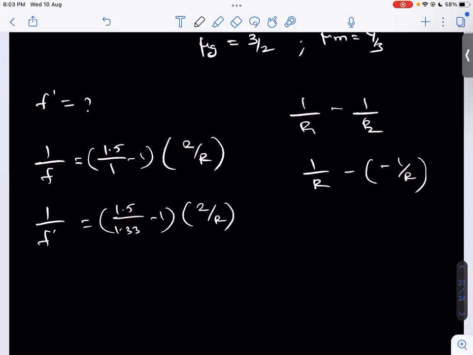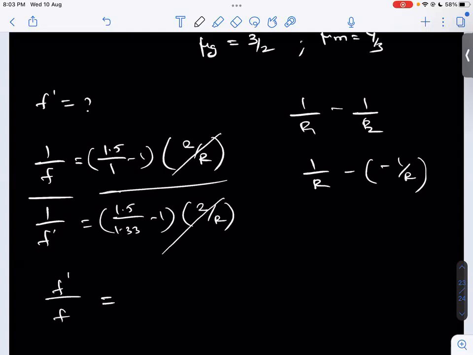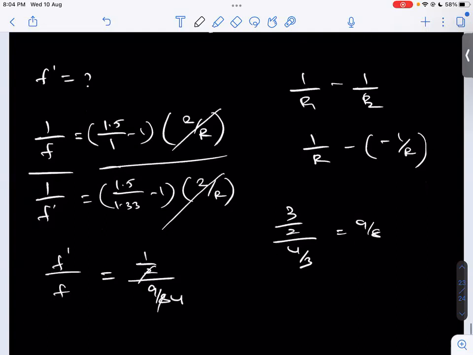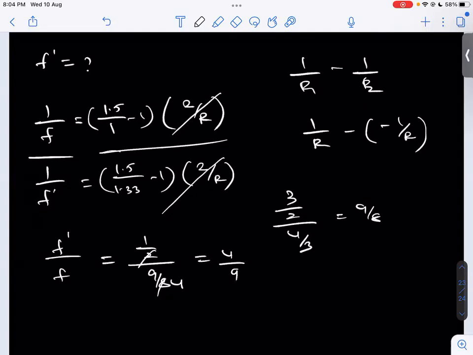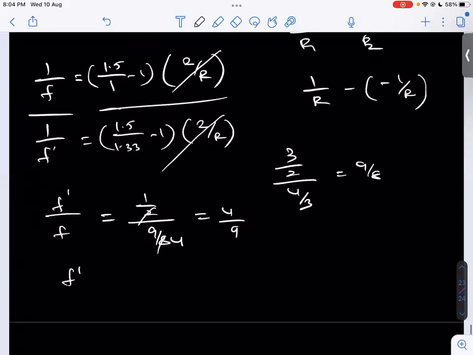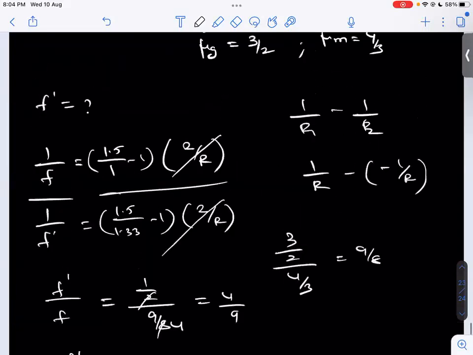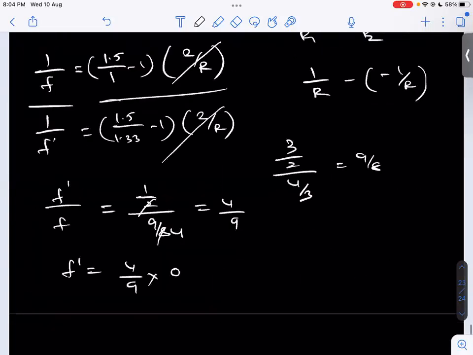So if I divide both, then I'll get f dash divided by f, and 2/r and 2/r are gone. 1.5 minus 1 is half. 1.5 by 1.33 is how much? 3 divided by 2 by 4/3, which is 9/8. Which is 9/8. It will go 4 times. So it will be 4/9 times. So f dash will be equal to 4/9 times f, which is 0.2.